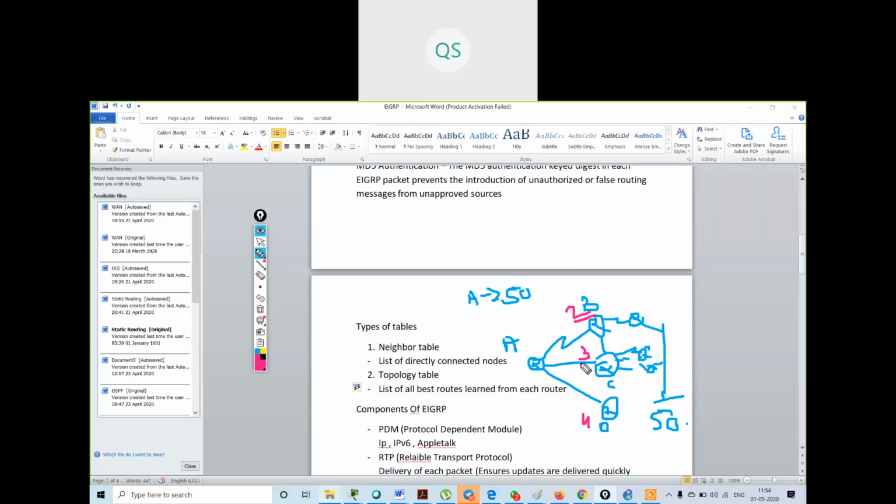If A is going via C, I am having 3 routes. If A is going via D, I am having 4 possible routes to reach the 50 dot network.